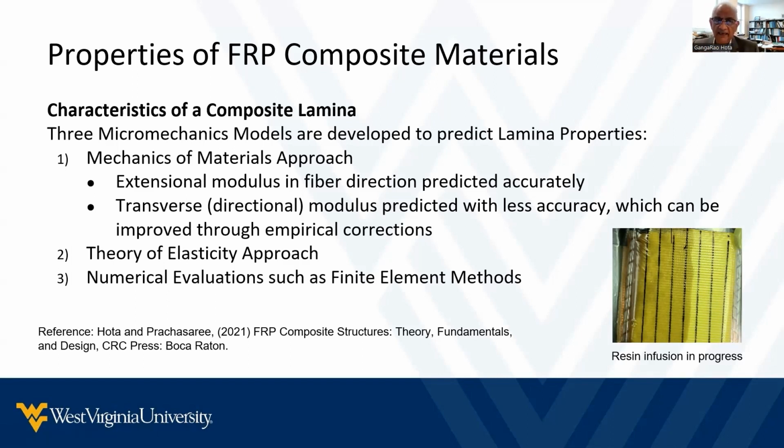And under the mechanics of materials approaches, we have extensional modulus in fiber direction, which is along the left to right in this figure, whereas the transverse direction is from bottom to the top.